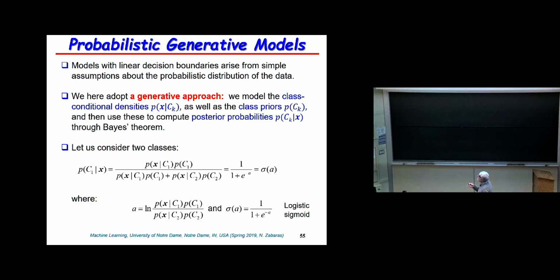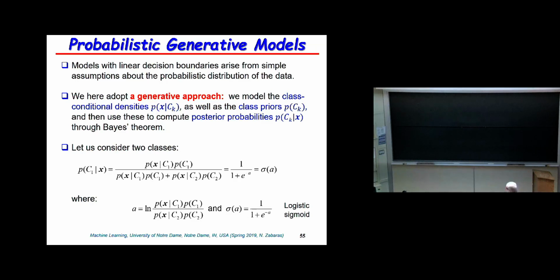Use this definition for alpha and the sigmoid function, and you put the two together. If you divide by the numerator and rearrange, you get the sigmoid, sigma of alpha. So this can be a very nice model if it comes out that this alpha for a certain class of problems is a linear function of x. So that's what we're looking for: what type of problems can we make alpha a linear function of x?